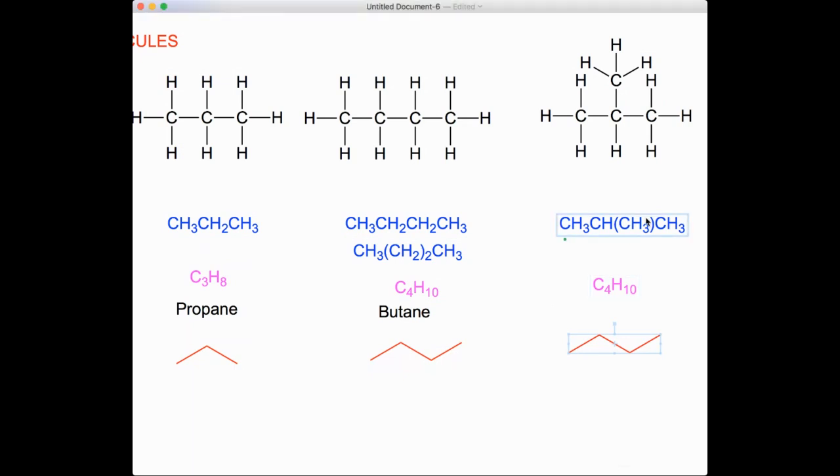By doing this, you're telling people that this CH3 in parentheses is attached to this carbon over here. The parentheses mean that whatever is inside them is not in the main carbon chain. The main carbon chain is this one. It's something that is attached to the main carbon chain. That's why parentheses are a must. And if you were to use line and angle, this could be the picture.